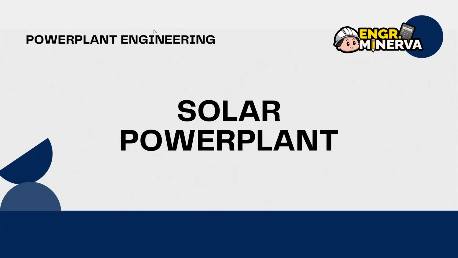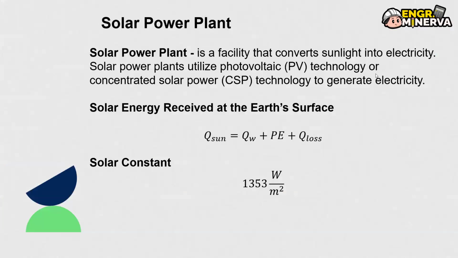So today we will be discussing our last topic for power plant. That would be your solar power plant. A solar power plant is a facility that converts sunlight into electricity.